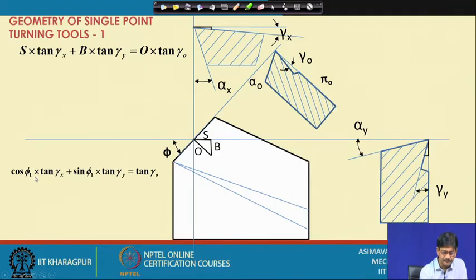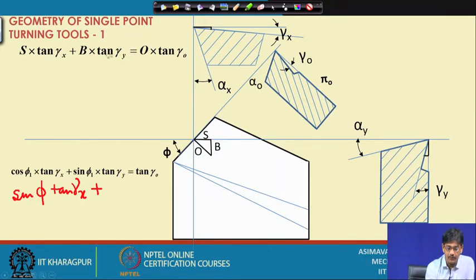I will let me see if I can write here, then that will be an advantage. So, we can write here S by O is nothing but sin phi into tan gamma x, plus what is this term?